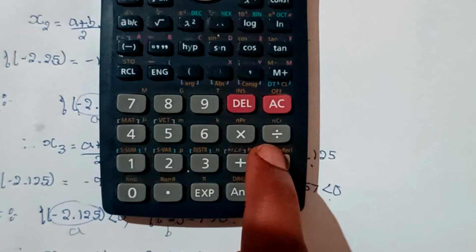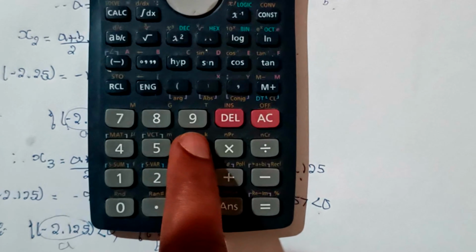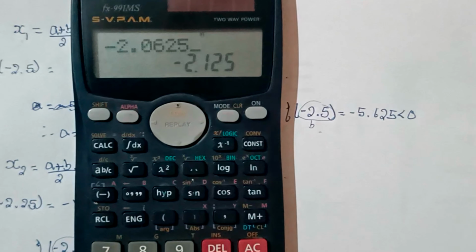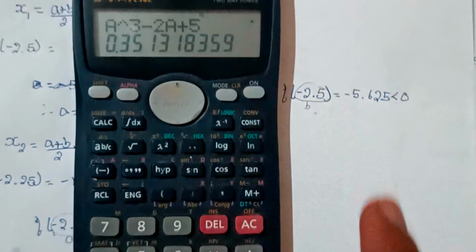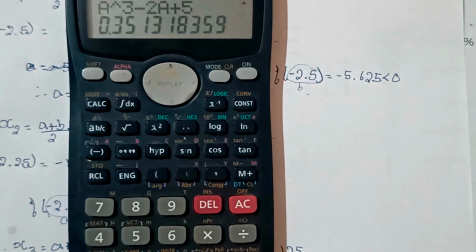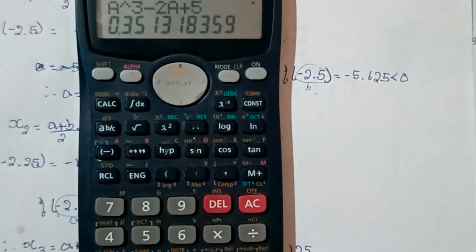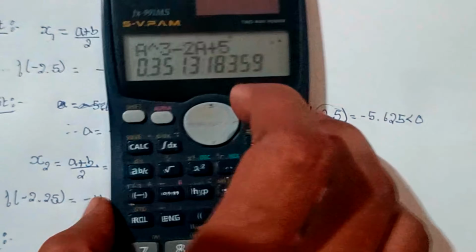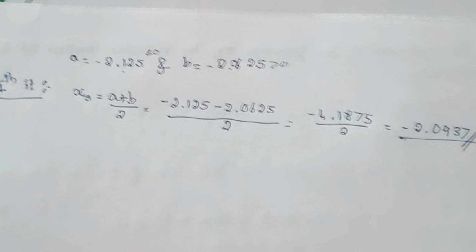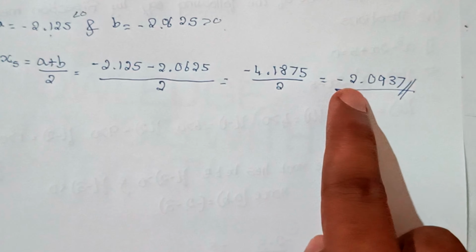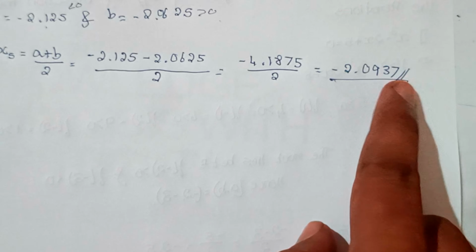Again calculate with -2.0625. What answer are we getting? 0.3513, 0.3514, that is also positive. And in the fifth iteration, what values do we consider? Fifth iteration x5 is equal to -2.0937.